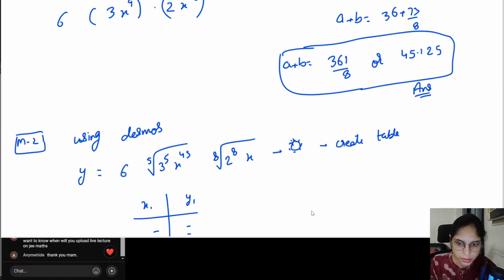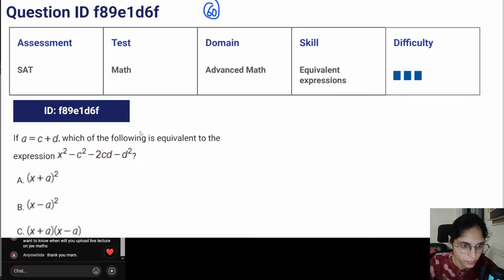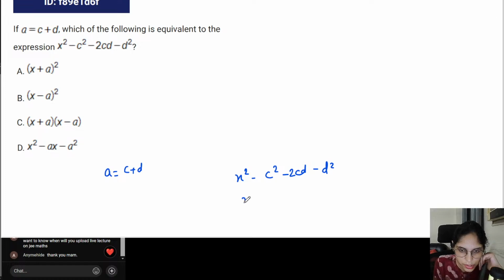It just clicked me. I have little time, so I will try to solve the questions which can be solved using that method. A is c plus d, which is equivalent to this one. We're seeing c squared, d squared into cd. Take negative common. This will be c squared plus 2cd plus d squared.